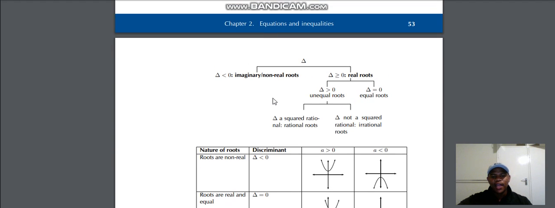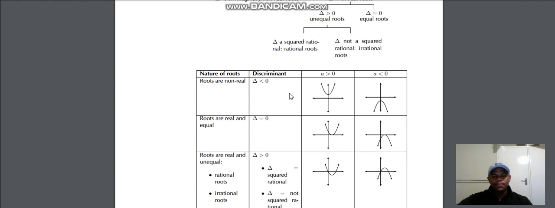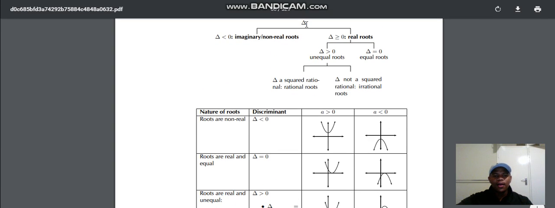If you put that in a diagram, that would be delta. If it's less than 0, you're looking at imaginary roots. If delta is greater than or equal to 0, you have real roots. But in real roots, if delta is equal to 0, you have equal roots.